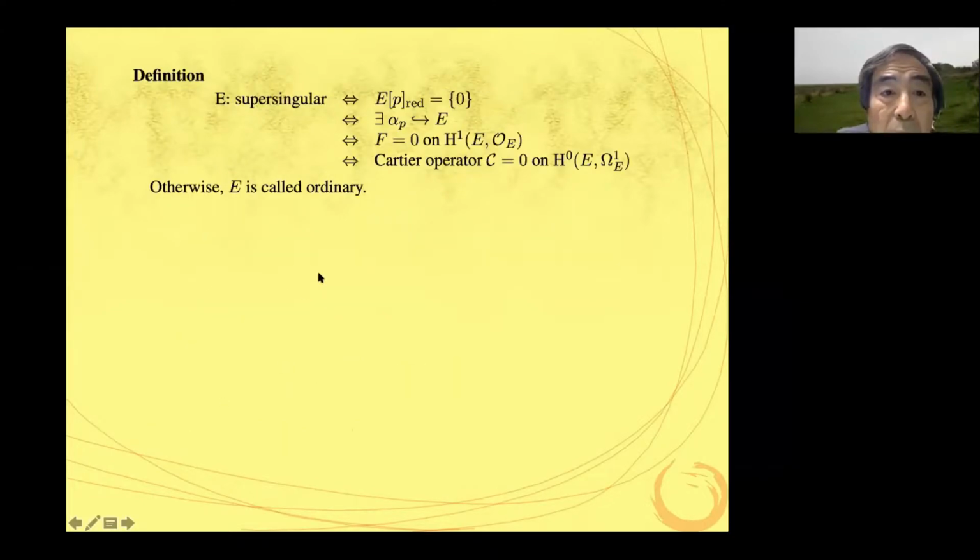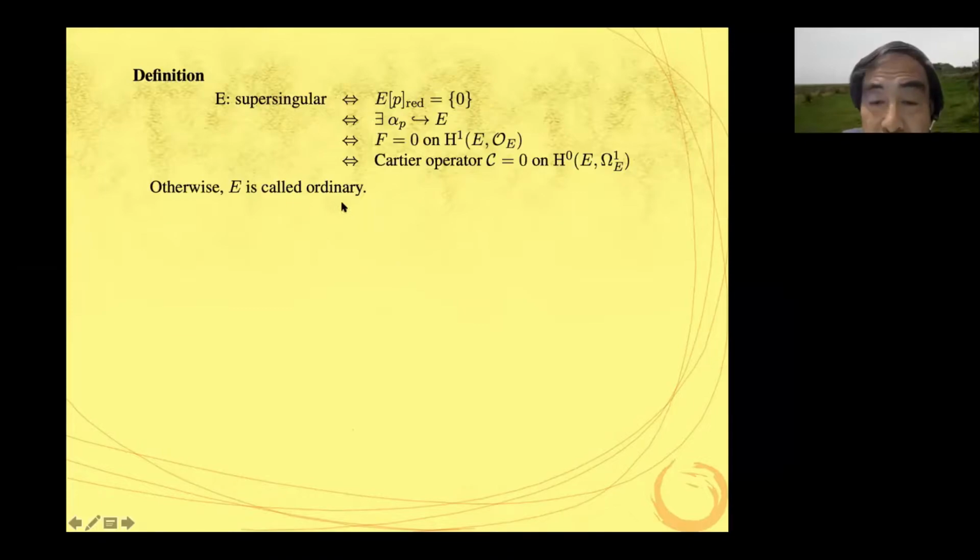Then an elliptic curve E is called supersingular if the reduced part of the p-torsion group is 0, not the p-torsion part. And this is equivalent to the condition that E contains alpha_p. And also this is equivalent to the condition that the Frobenius map is 0 on H^1.